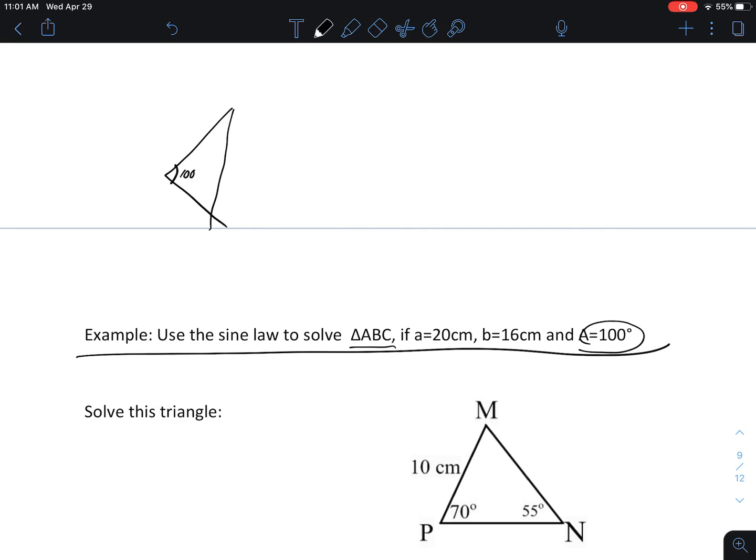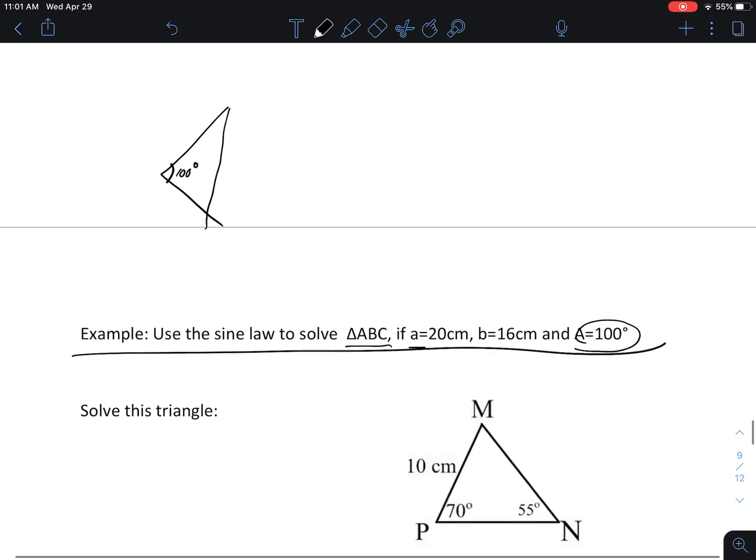And remember that the sides and the angles use the same letter. So angle A is 100. It probably makes sense to put that here. And side A is opposite that, is 20. So opposite it is over here. And B doesn't really matter where I put B, so I'm going to say B is up here and C is down there. And B is 16, so this is 16.